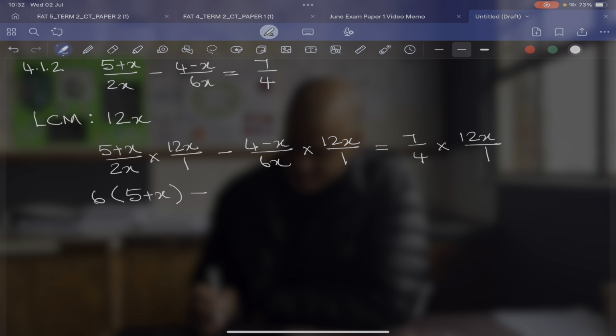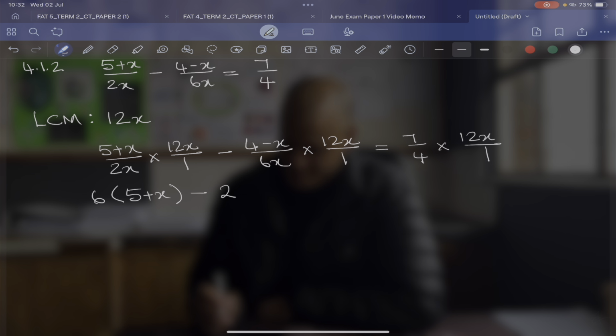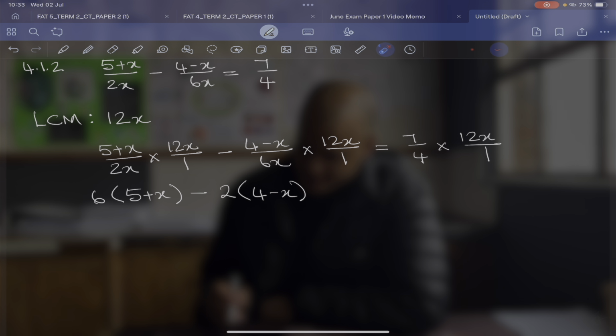Minus my 6x will divide into the 12x to give me 2. Because remember, the x's will be effectively cancelling, so you will just be dividing the numbers in those cases. So that will be 2, 4 minus x. And note that we kept the negative sign that was there, nothing happened to that, so that stays there.